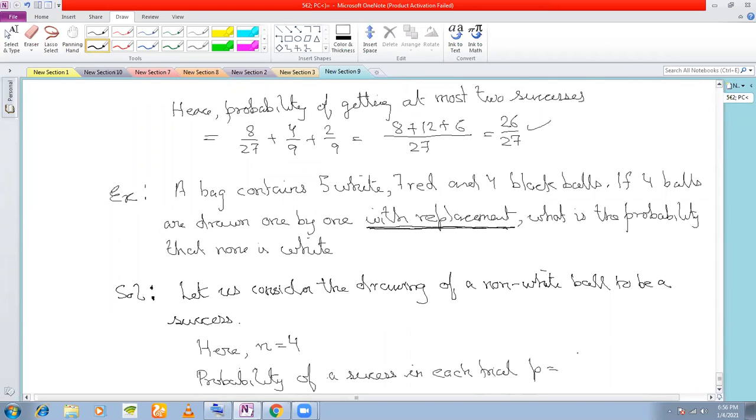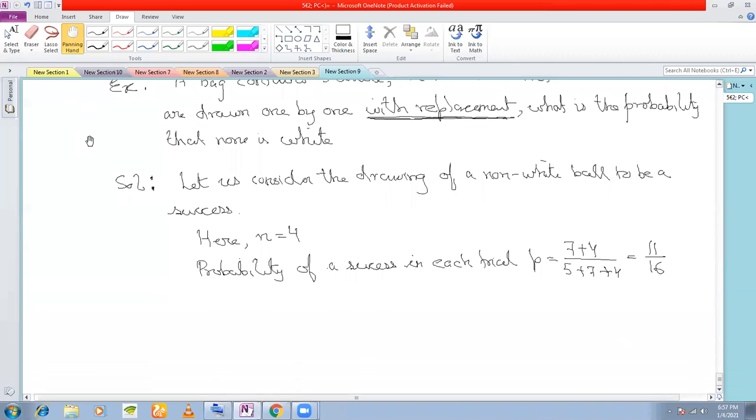That is either red or black. It is 7 plus 4 divided by 5 plus 7 plus 4, which is 11 by 16, isn't it? Now what is the probability of failure? Q is equal to 1 minus 11 by 16, which is simply 5 by 16, right?